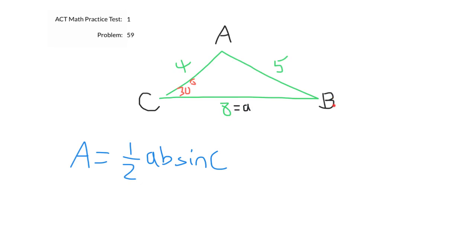Similarly, if you have a capital letter B assigned to an angle, well, the side length that's opposite to that angle is going to be lowercase b. And of course, due to the same reasoning, 5 is equal to a lowercase c.